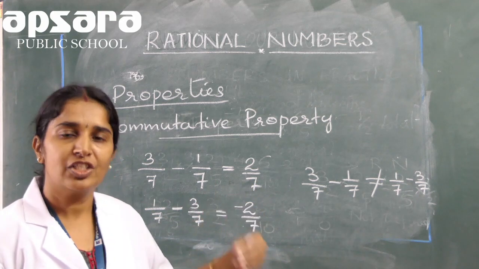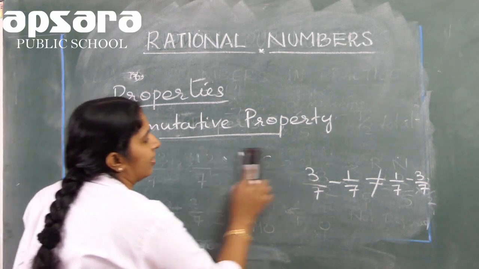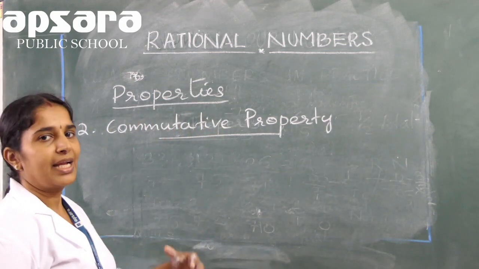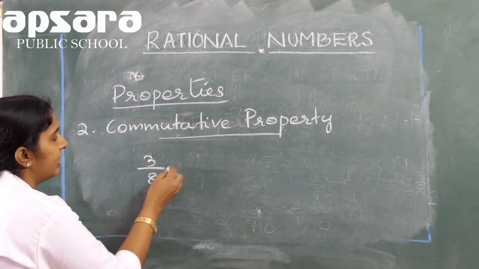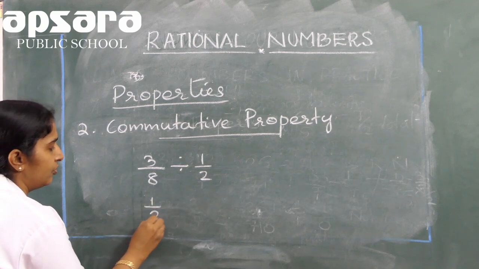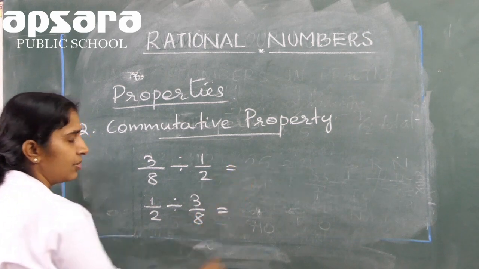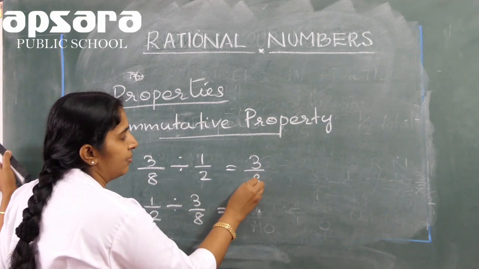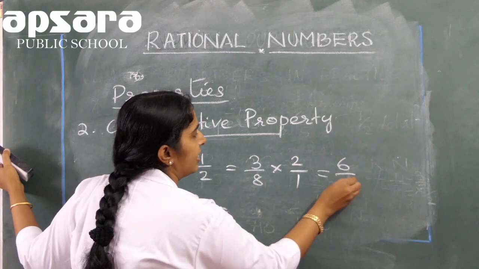Similarly, you can prove that division of rational numbers is also not commutative. So addition is commutative, multiplication is commutative, but subtraction is not commutative. Now let us go for the division. 3 by 8 divided by 1 by 2. We have to do the division for 1 by 2 divided by 3 by 8 also. Whether both the answers will be same? Let us check. 3 by 8 divided by 1 by 2 is equal to 3 by 8 into 2 by 1, which is 6 by 8.